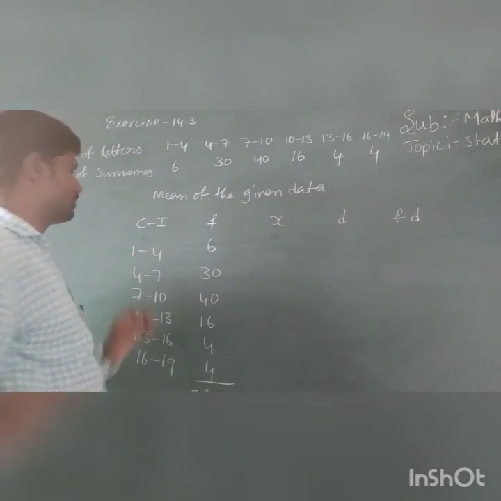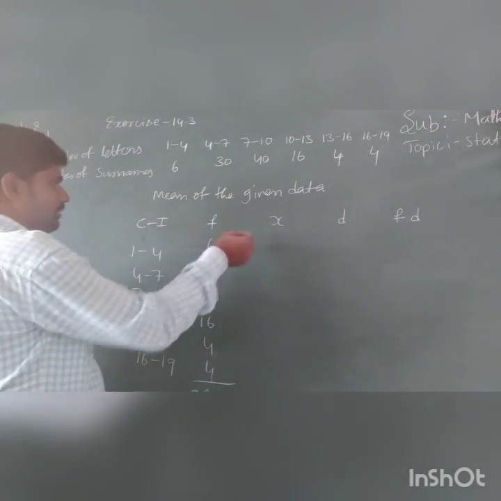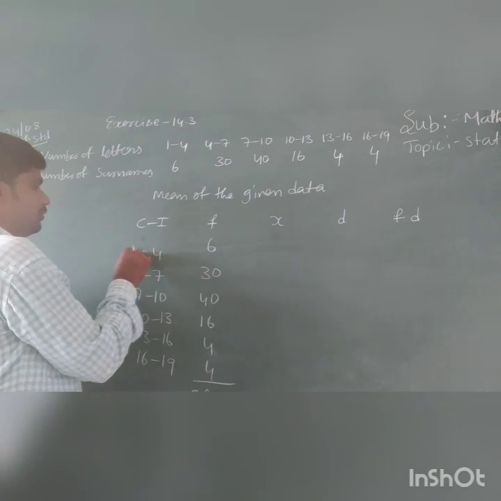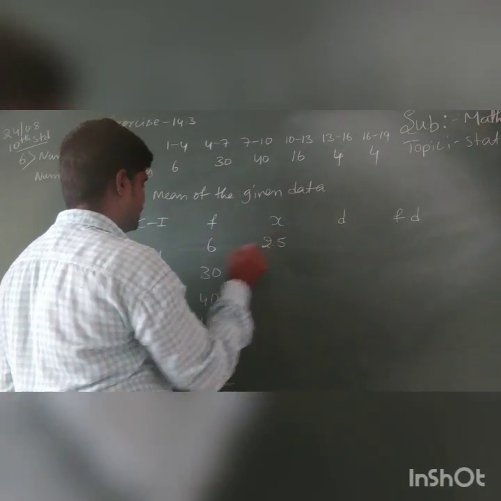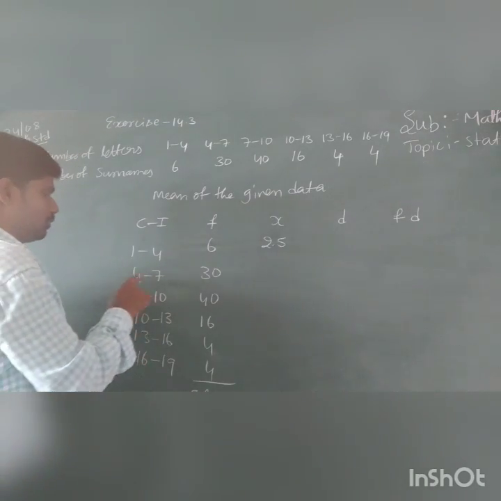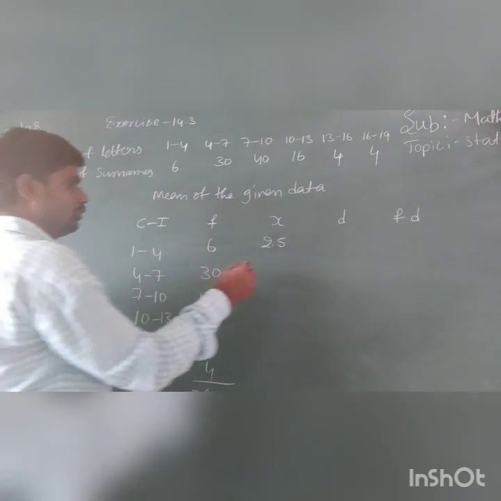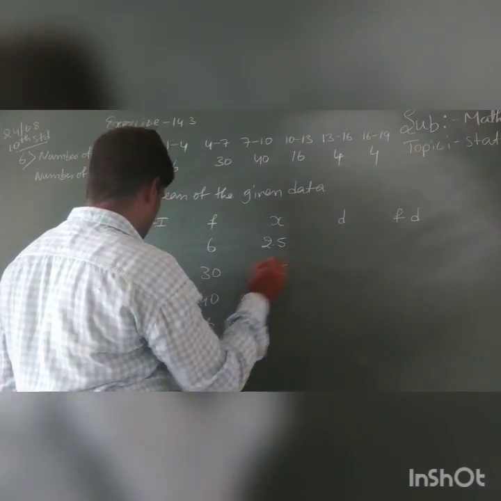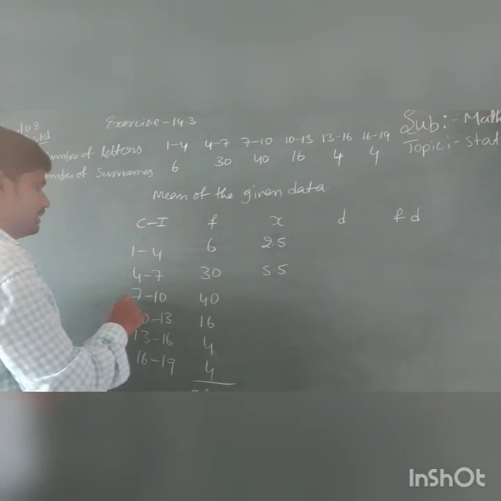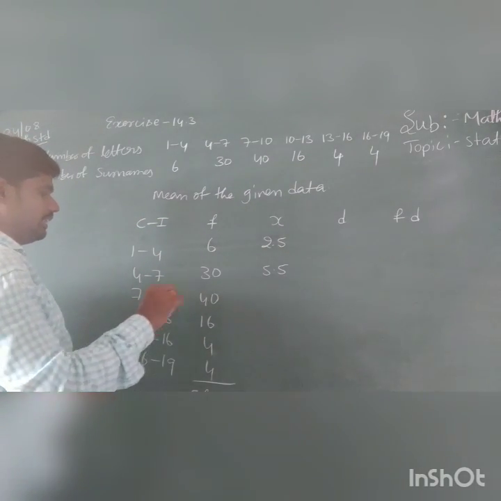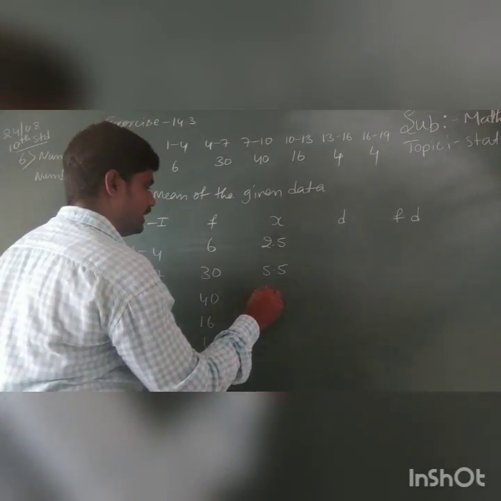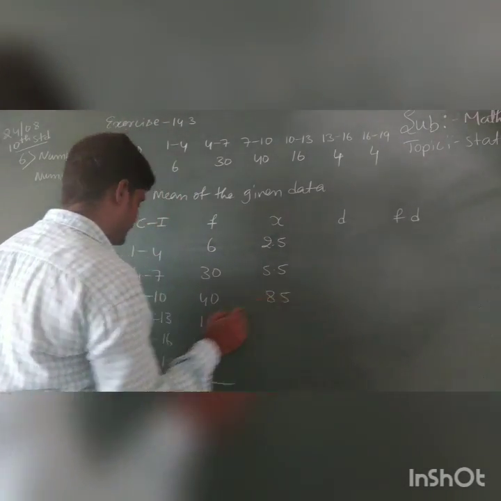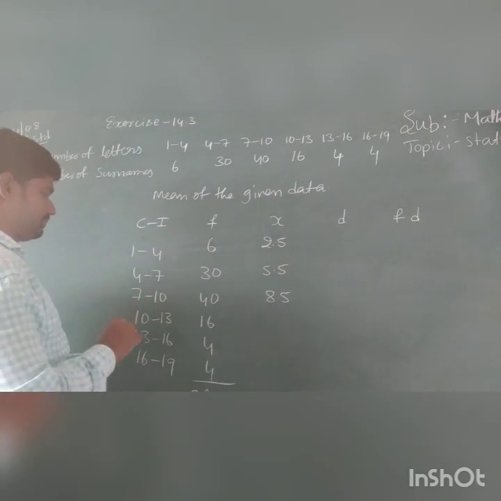Now find the value of x. How to find x value? Midpoint of the class interval is called x. See, 1 plus 4, 5, 5 by 2 is 2.5. 2.5 is the midpoint of 1 and 4. 4 plus 7, 11. 11 by 2, 5.5 is the midpoint of 4 and 7. 7 plus 10, 17. 17 by 2, 8.5 is the midpoint of 7 and 10.